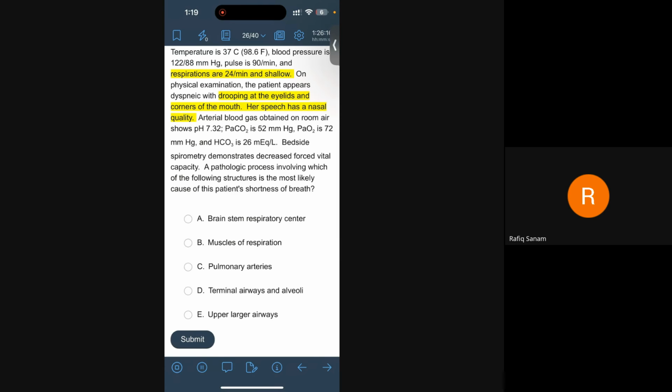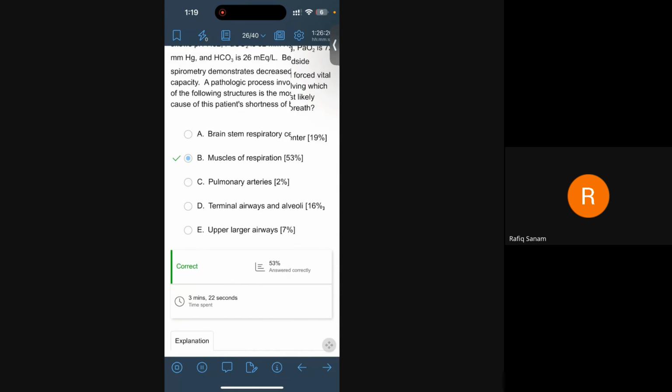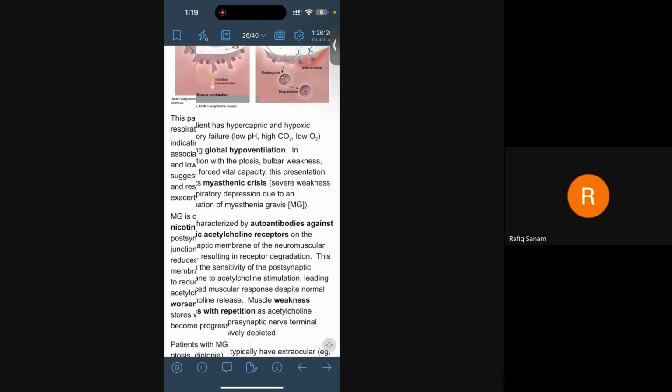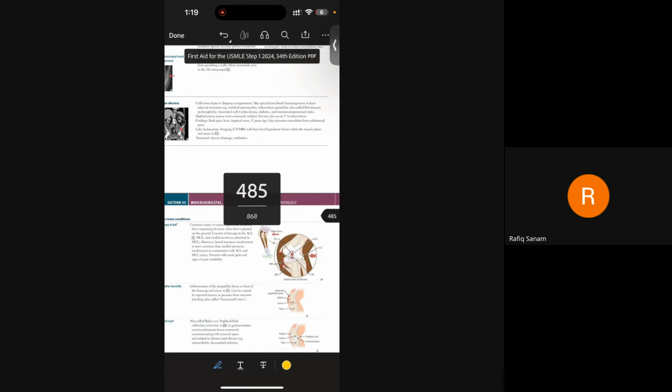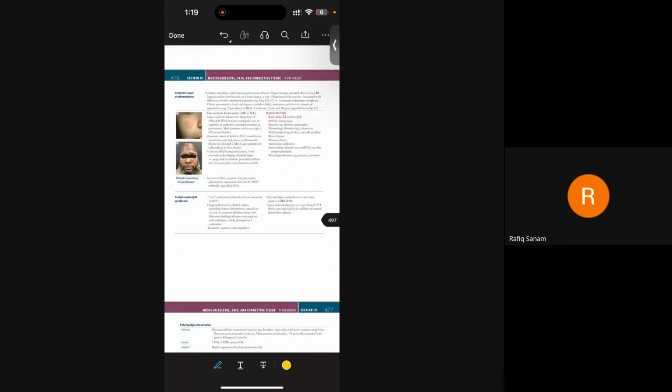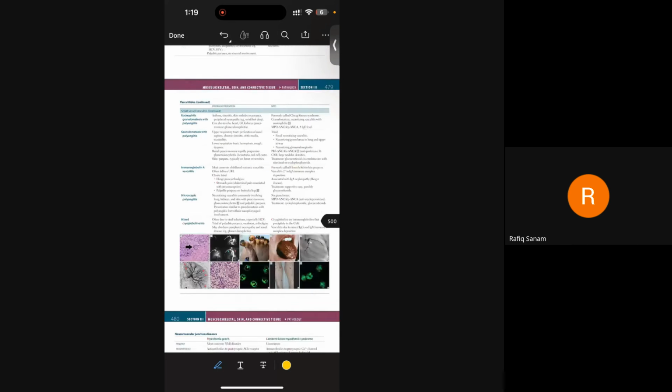So the main problem occurring here is at the muscles of respiration, right? Yes, the diaphragmatic muscle. Global hypoventilation, muscle weakness. It is written in the MSK.